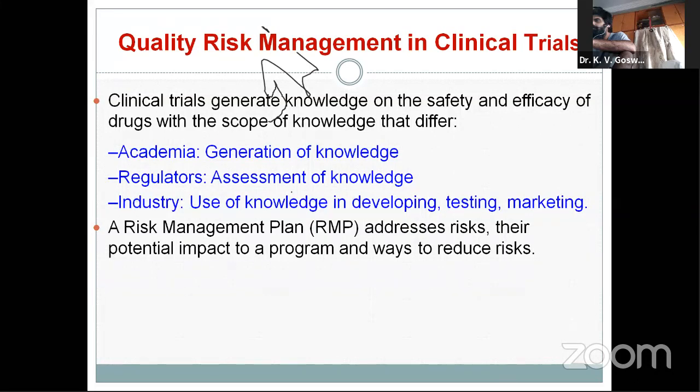But as we are doing the trials, we identify different kinds of risks. So we need to list those risks, modify the risk management plan, and have risk mitigation strategies to ensure that we address those risks. Again, the bottom line is to ensure the safety of the subjects. And as I said, I cannot insist enough on how important it is to ensure that the safety of the subjects is taken care of.